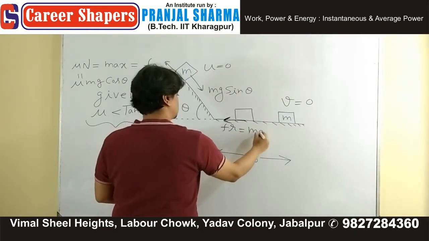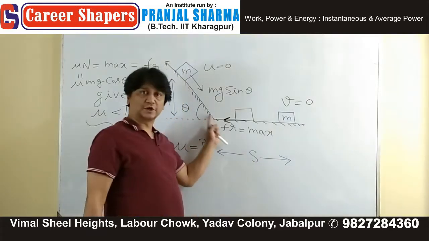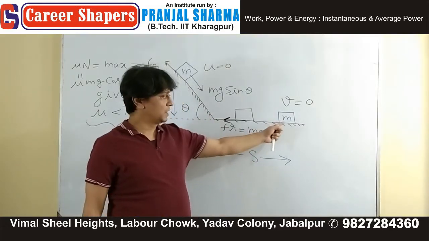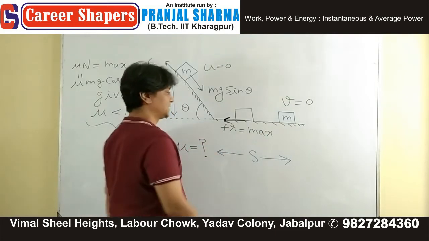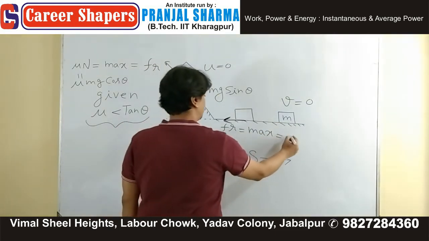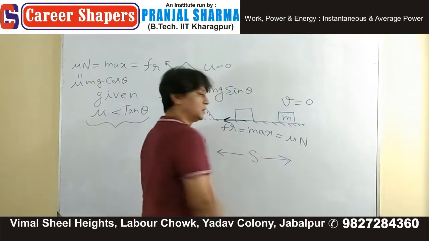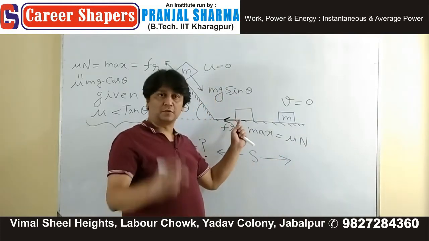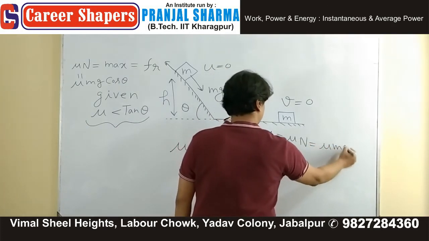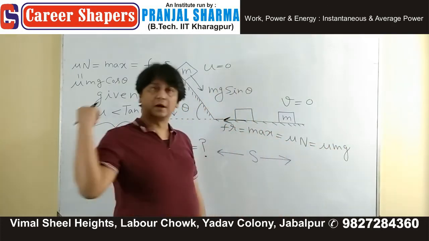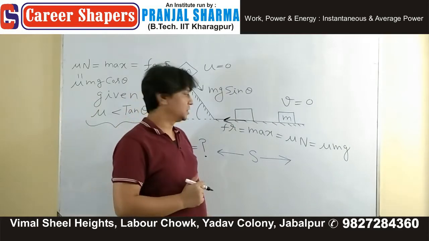This friction is also maximum because the block is moving. It will come to rest over here. It's moving and therefore friction is maximum. What is the maximum of friction? Again mu n. But this time we are on the horizontal surface and therefore n is mg. On the inclined surface, normal reaction is mg cos theta.